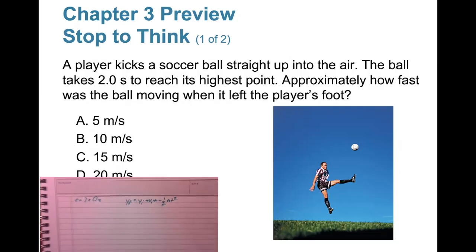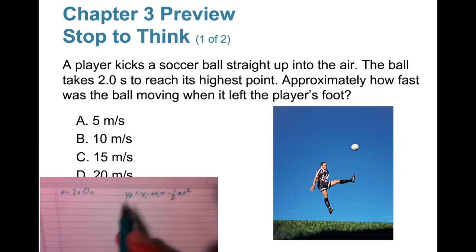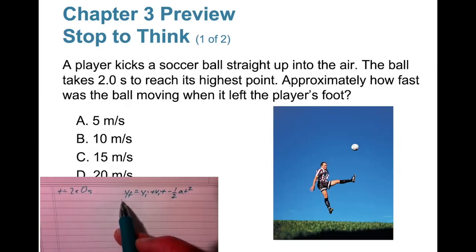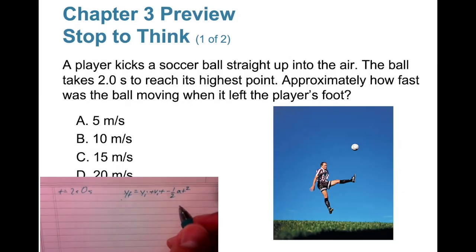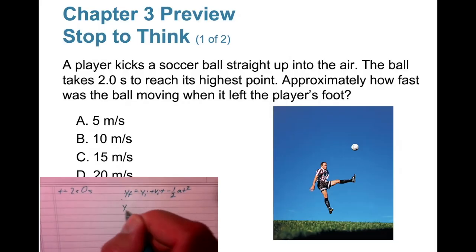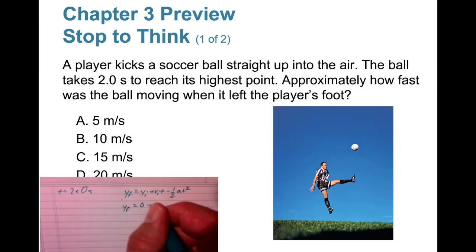So what could I do? I don't know what the highest point is. How fast was the ball moving when it left the player's foot? Reach its highest point. How could we solve this one? Let's put in some numbers here. I don't know what yf is, so that's kind of a problem, but let's go with that. y initial is 0, and then I want to know what vi times t is.